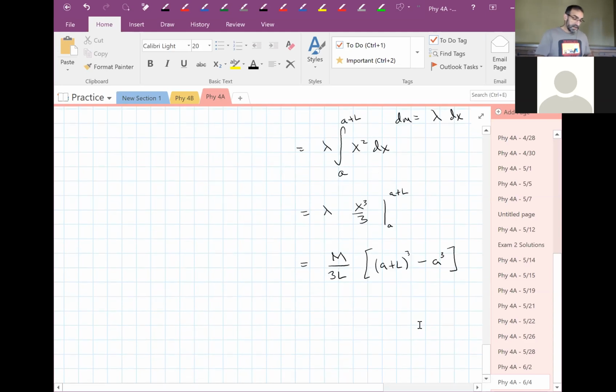All right, we have another technique we can use, a very powerful technique called the parallel axis theorem.